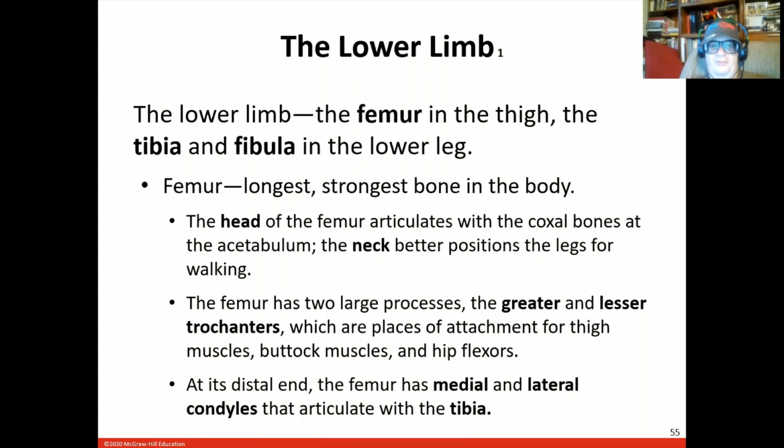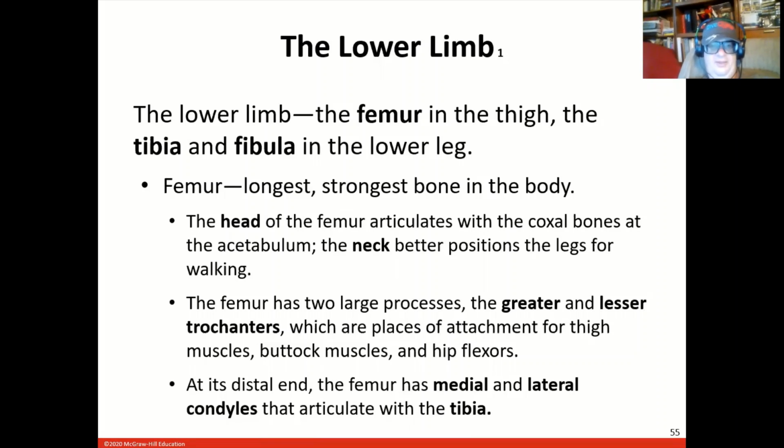Anyway, the femur is the biggest, strongest bone in the body. The head of the femur is the ball that sits in the socket of the acetabulum. The neck of the femur is the narrow spot there just below the head.